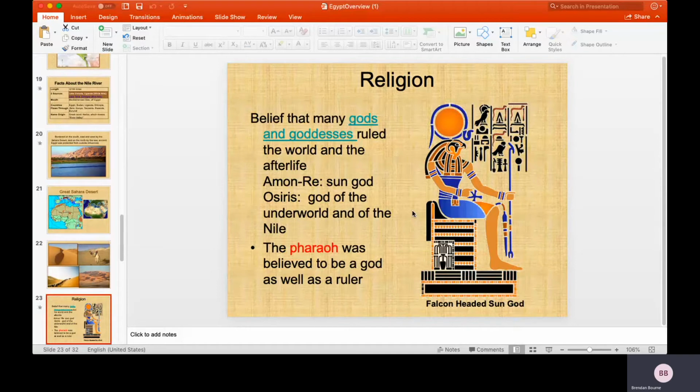So they had gods in charge of the sun, in charge of the underworld, and even gods in charge of the Nile. And if you remember from last week as well, when we were talking about pharaohs, the pharaohs were seen as living gods. They weren't just the king or the queen, they had special powers.